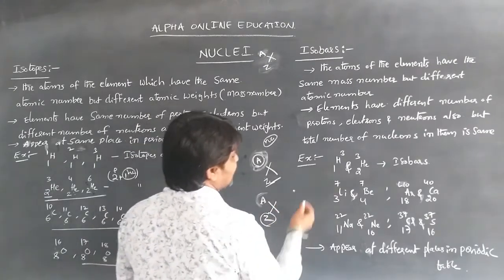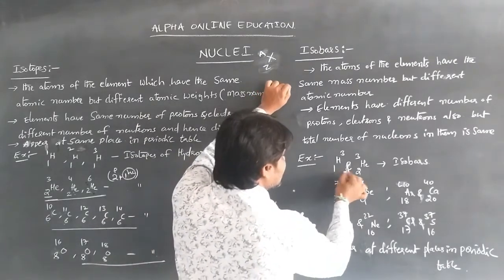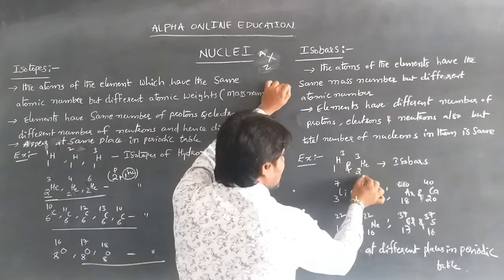Some examples we are going to see are hydrogen and helium, 1H3 and 2He3.